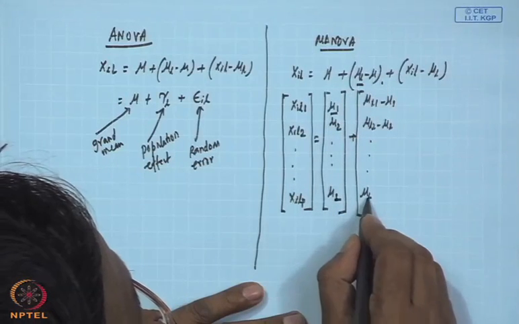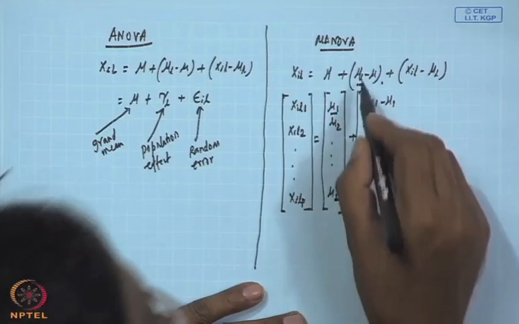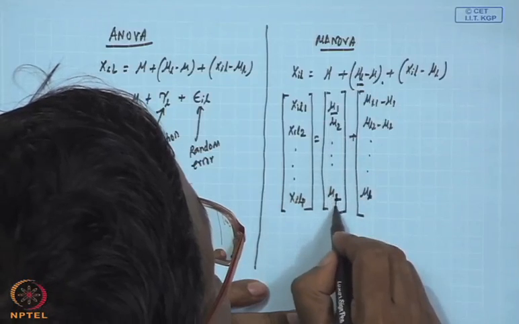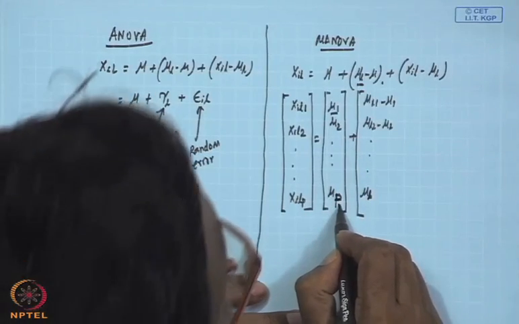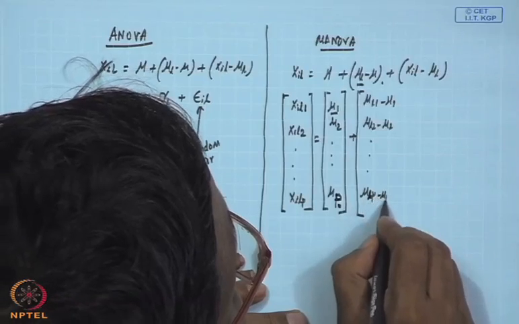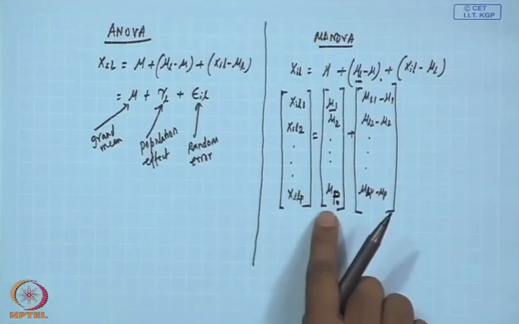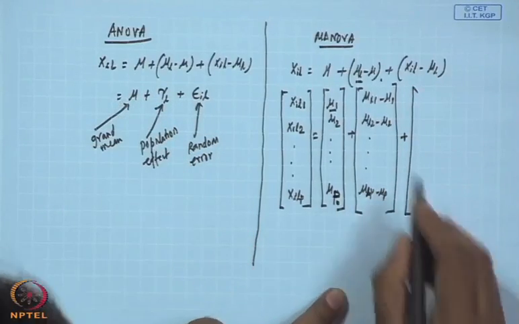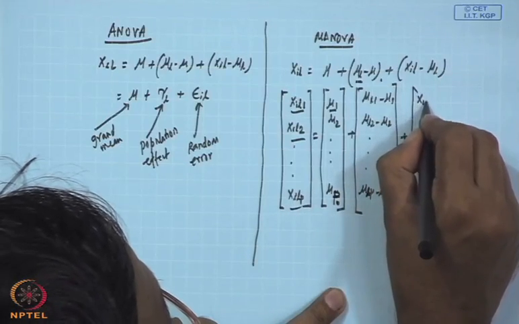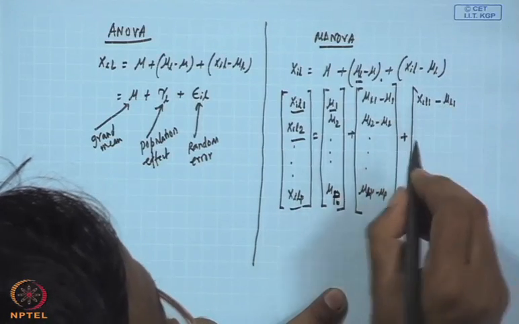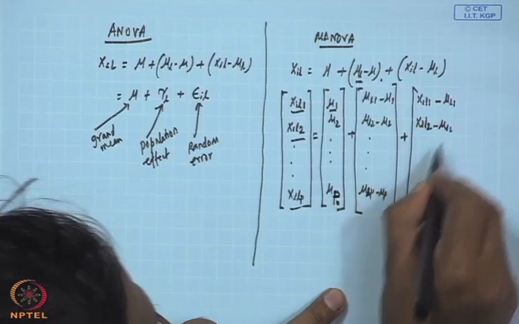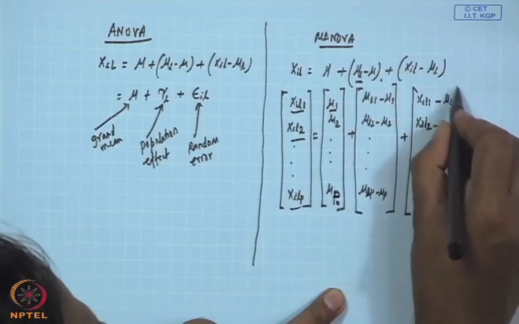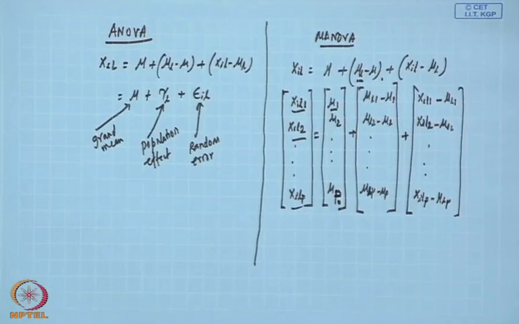So, all cases L will be there, and then this is mu 1, this is mu p, not mu L, please write this one as mu p. Then plus, the same thing, XIL1 minus mu L1, XIL2 minus mu L2, in the same manner up to XILp minus mu Lp.